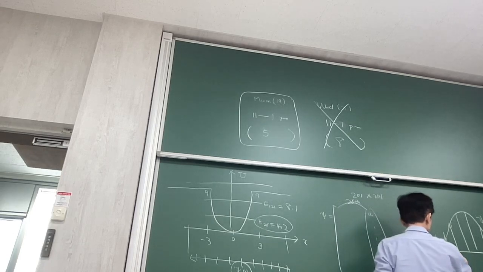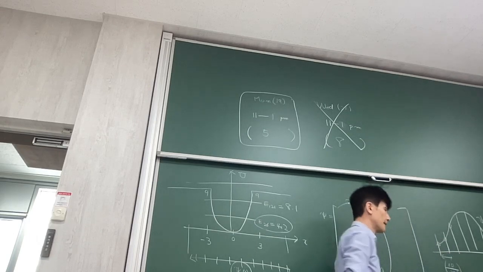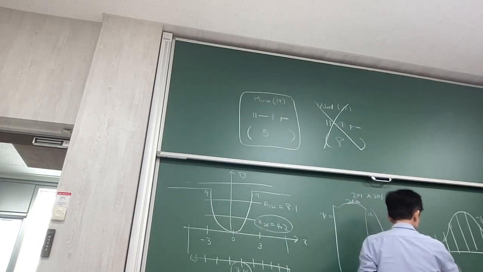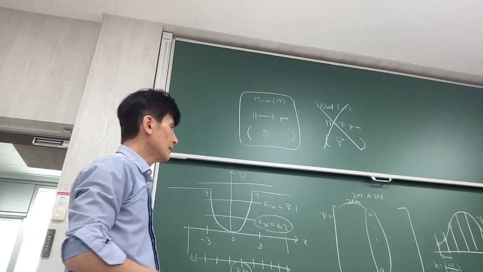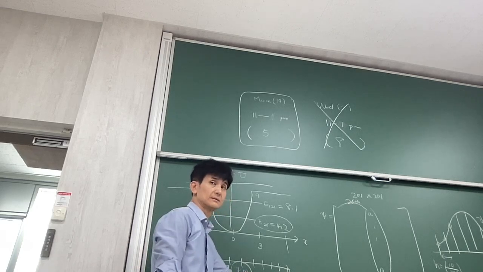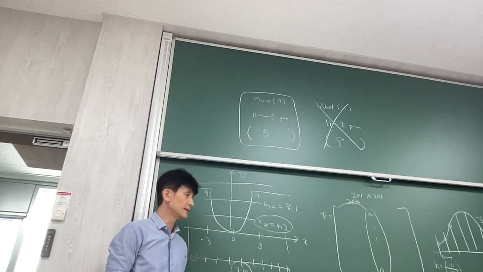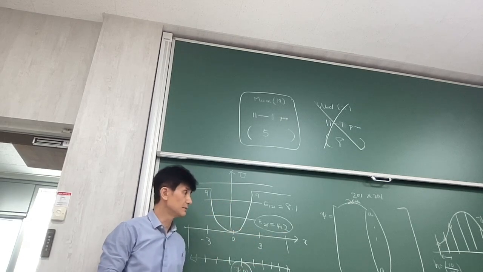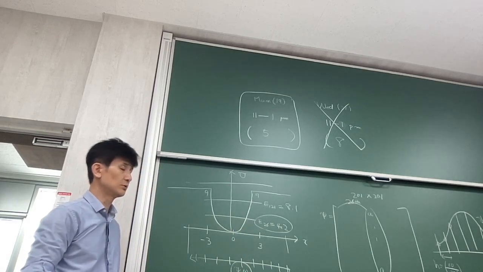So the sampling interval h is given as 10 divided by 200. 10 is from minus 5 to 5, right? So the interval is 10, and we took 201 data points, so h is 10 divided by 200.